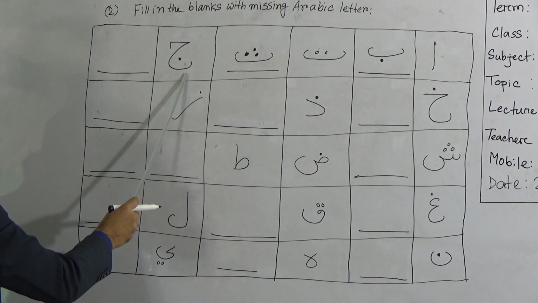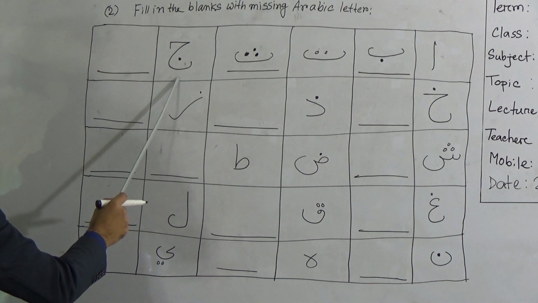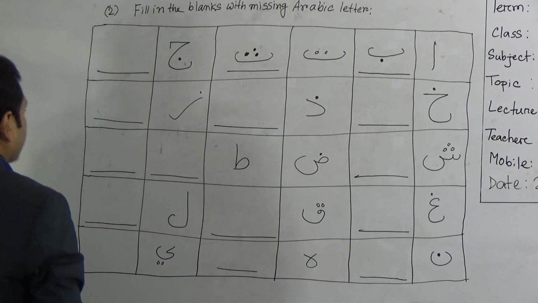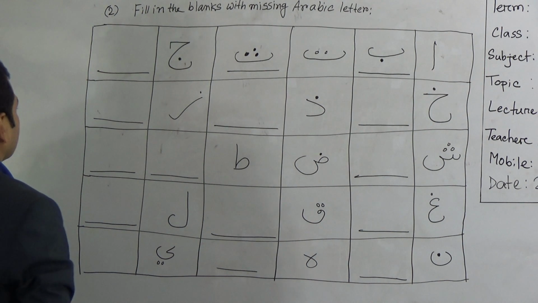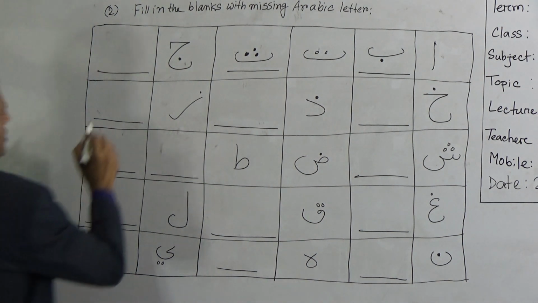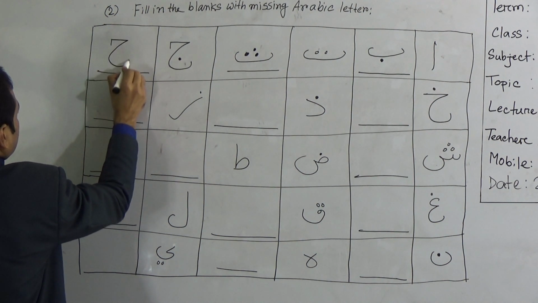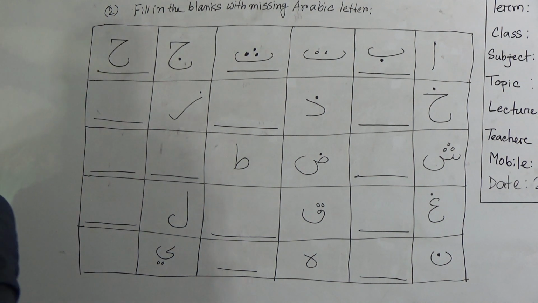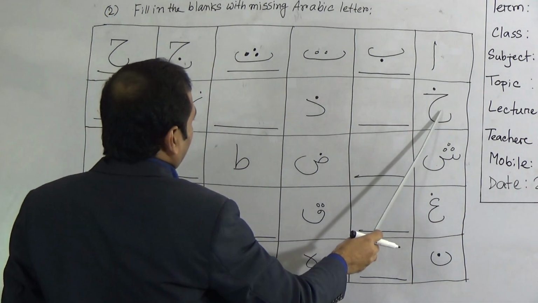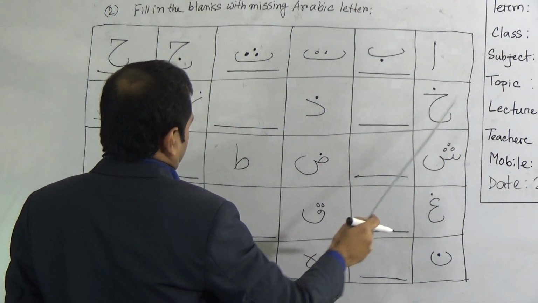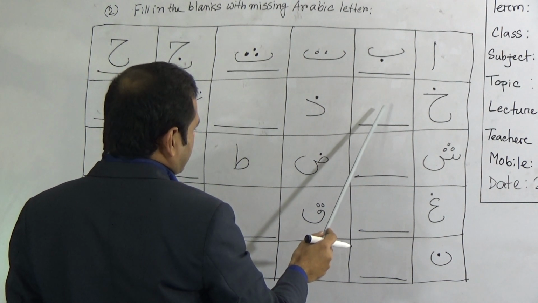Now jim is given. So after jim, which letter comes, dear students? Ha will come. So here we will write ha. Now kha is given. After kha, which letter comes?